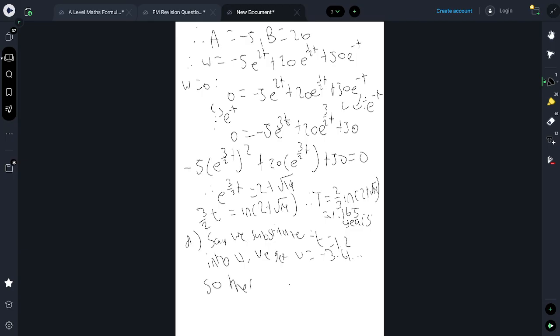So therefore, the model predicts negative, like negative population, right? Population numbers.